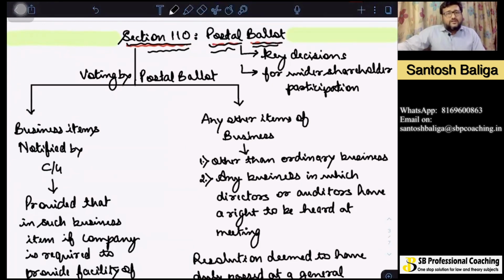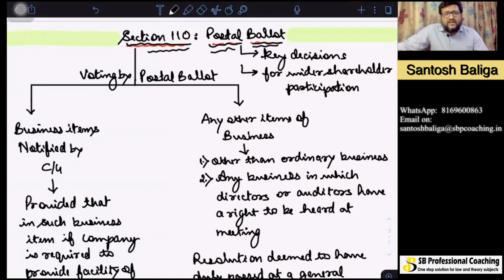Now, postal ballot is a method which has been recently started some years ago for wider participation of shareholders in key decision makings. What do you mean by this? See, there are many shareholders who are living at faraway places and cannot come to the annual general meeting.